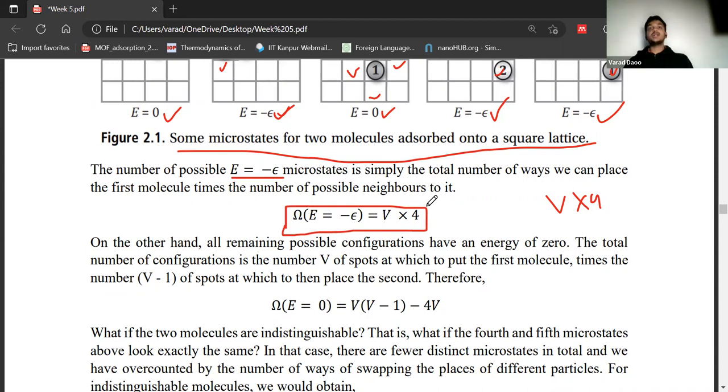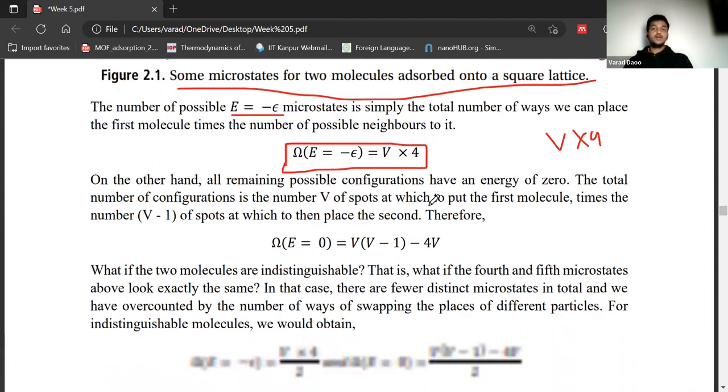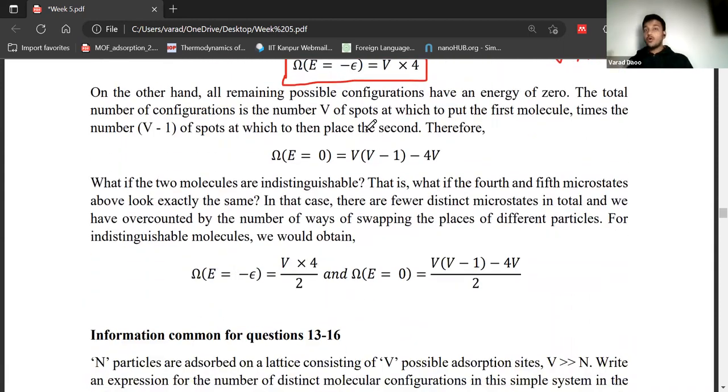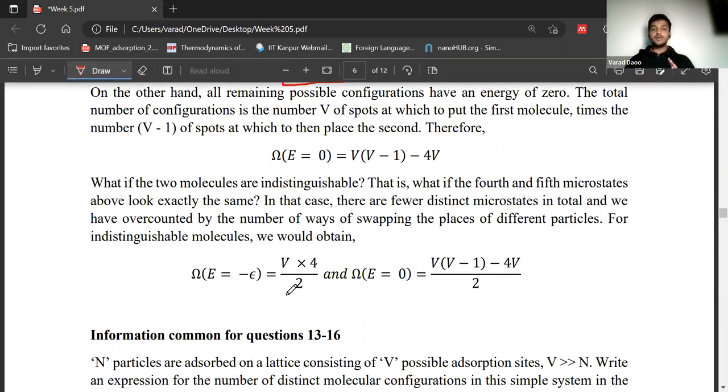But no, this is not the answer to the first question, because the molecules are of the same nature. For example, if the first molecule is hydrogen, the second molecule is also hydrogen. So basically, the molecules are indistinguishable. Like I told in the first question of our class, when the molecules are indistinguishable, we have to divide by 2, because we are counting it again.